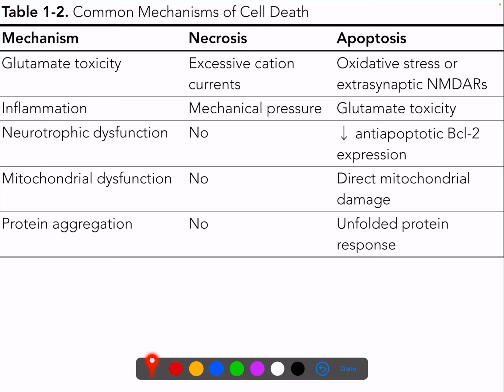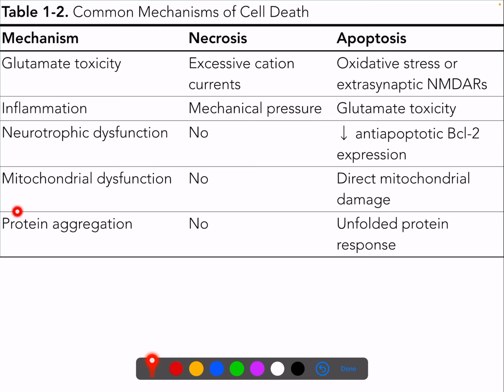If we don't have enough neurotrophic support, well, then we're not going to have enough anti-apoptotic BCL2 protein expression. That'll cause apoptosis. If our mitochondria don't work, well, they're either permeable, leading to apoptosis directly, or we don't make enough ATP, and that'll kill you as well.